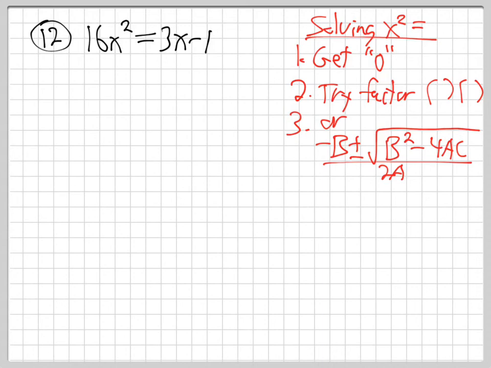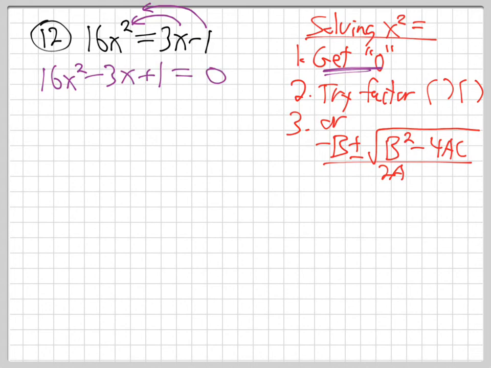So I'm going to come in here and go, okay. So let's do it. So step 1, get a 0. Got to get a 0 on one side. So how am I going to get a 0 on one side? I'm going to bounce these guys over. Minus 3x plus 1.